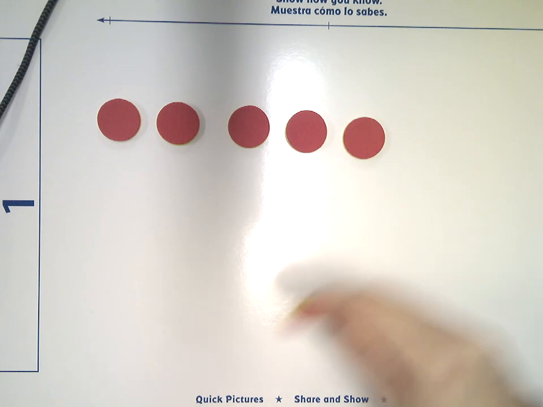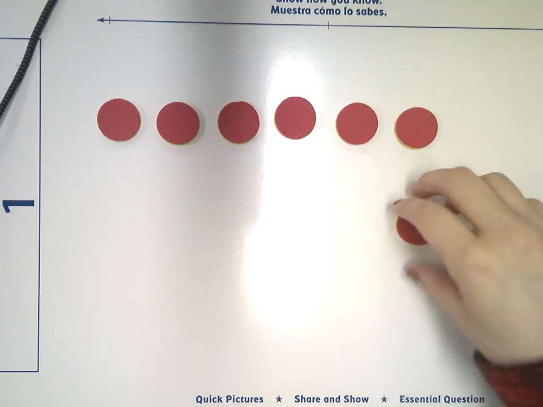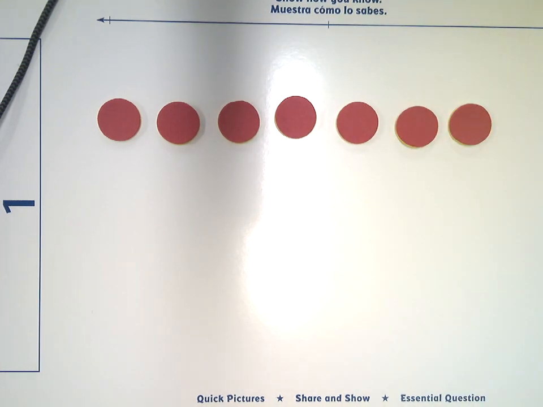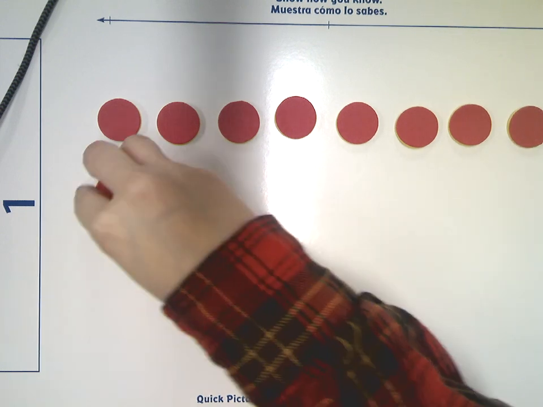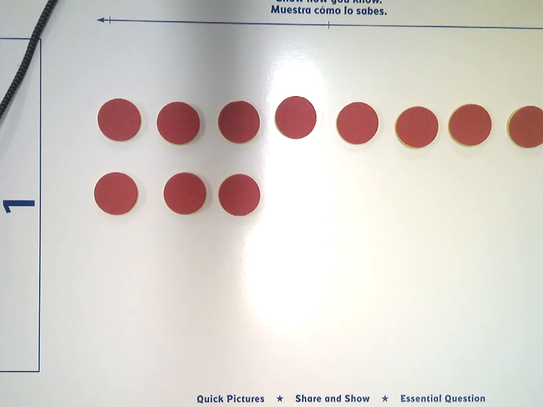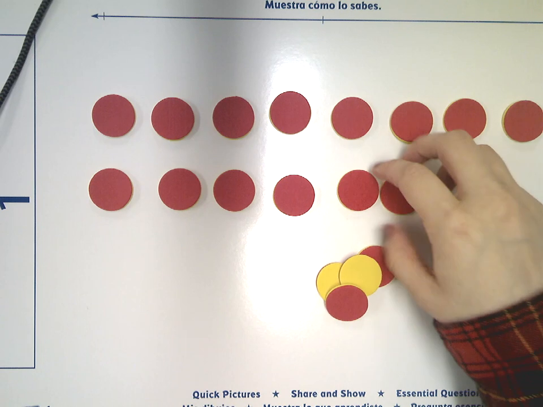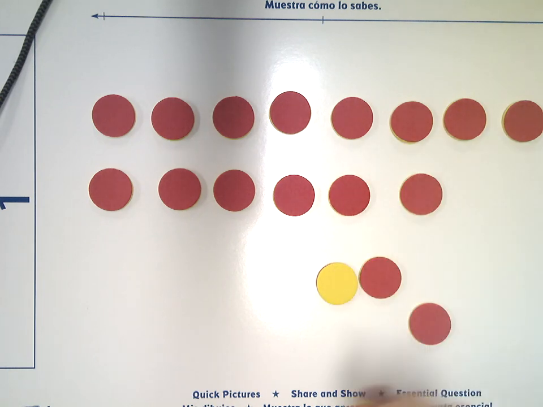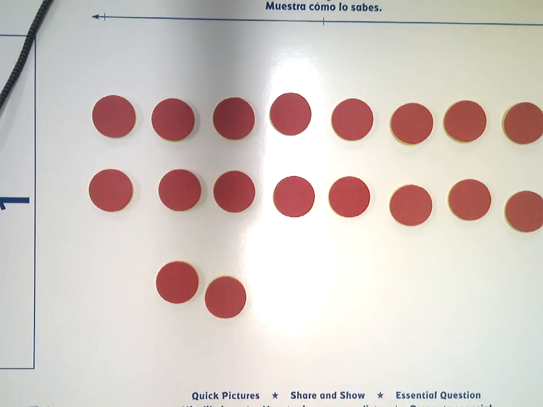These are representative of stamps. Make sure you have 20 counters.